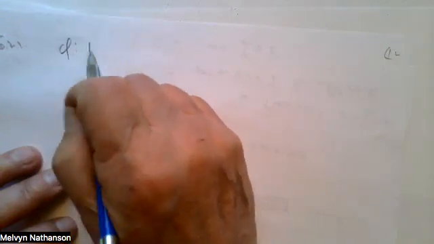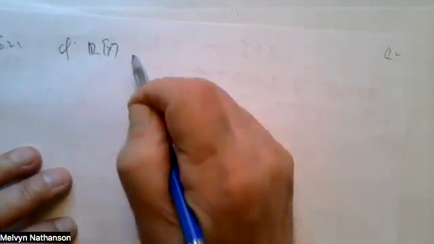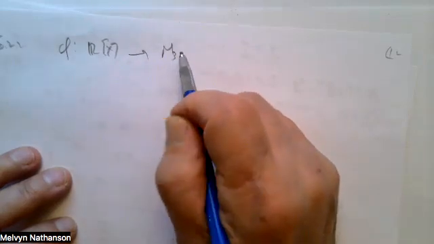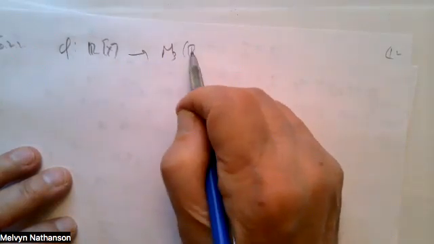Here's an interesting problem in the book. This is problem 6.2.2. Suppose I define a function phi from the polynomials with real coefficients into the 3 by 3 matrices over R. So I want to define this function as follows.